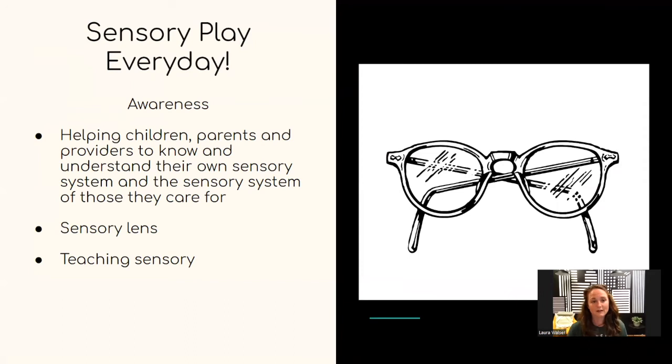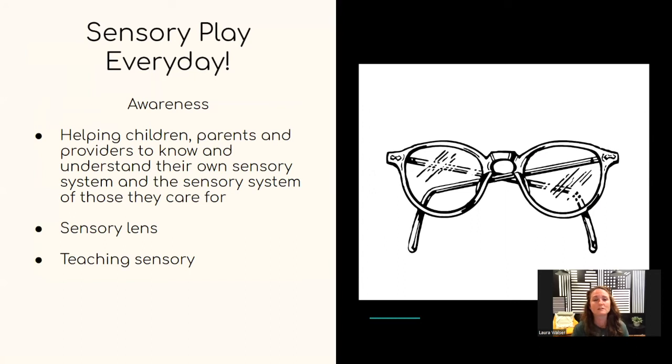So I want to clarify that this does not mean that every single child in your classroom needs a sensory assessment done, right? We can begin to observe and recognize different sensory needs, and just having that awareness to go with it, and to be able to be thinking about that, to use that sensory lens and really be the detective. That's really the most important part.